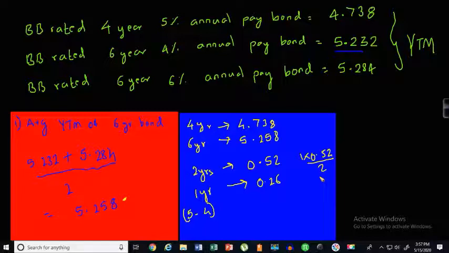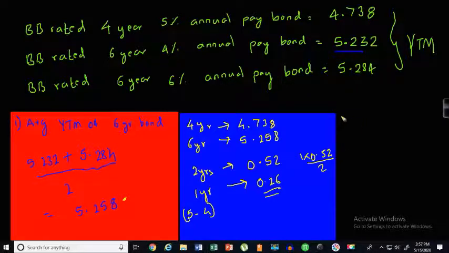And now comes my third step. Third step is again very simple. In my third step, I'll simply be adding this 0.26 to the 4-year bond.